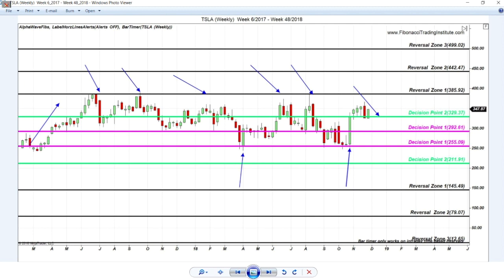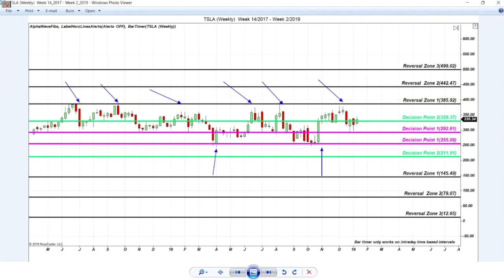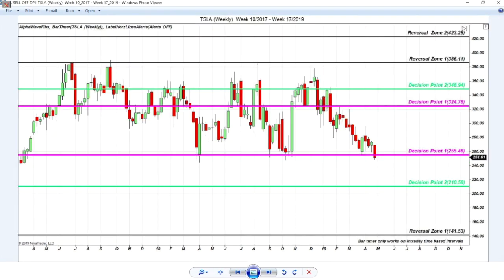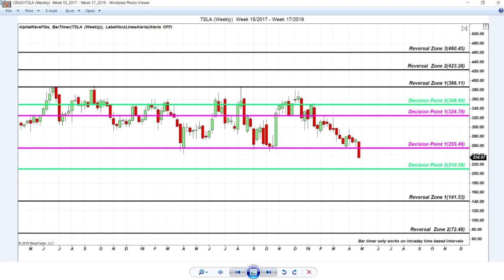What happens when this support is out on Tesla? 2 years of this. Didn't matter what happened with the SEC. The only thing that mattered is if this support is respected. 2 years of this. Finally, crash and burn, Tesla. Boom.